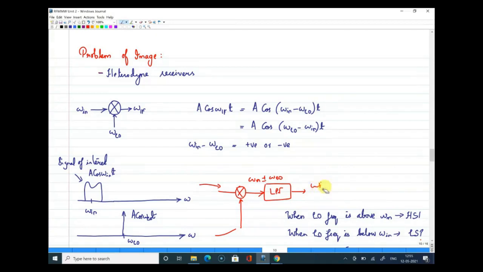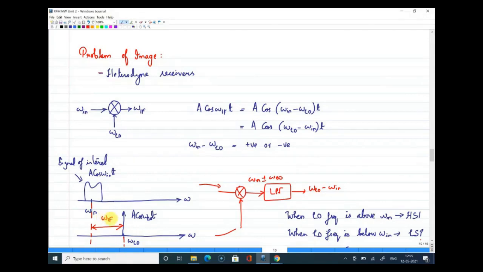In this case, since your ω_LO is larger, the difference frequency ω_LO minus ω_in is what I am expecting, right? So look at this, your input frequency is here, so what is this difference here? The difference between your LO frequency and ω_in is your intermediate frequency, right?